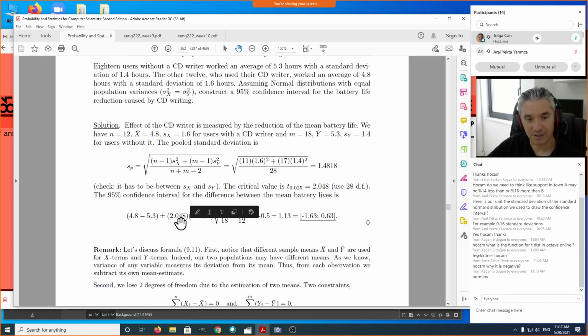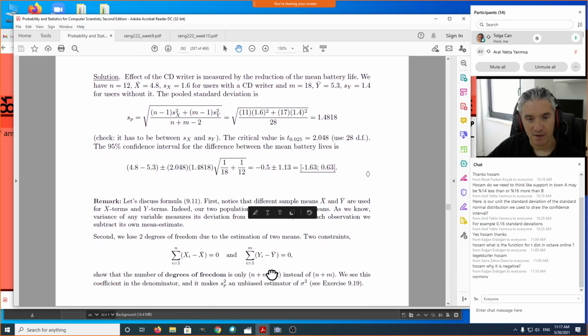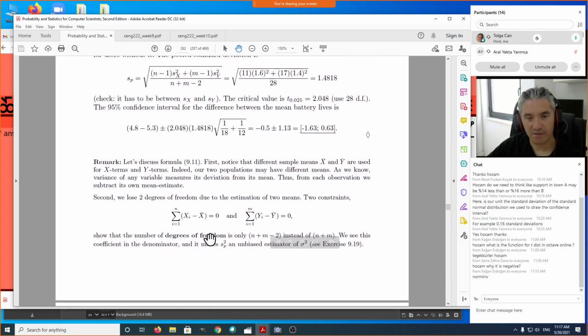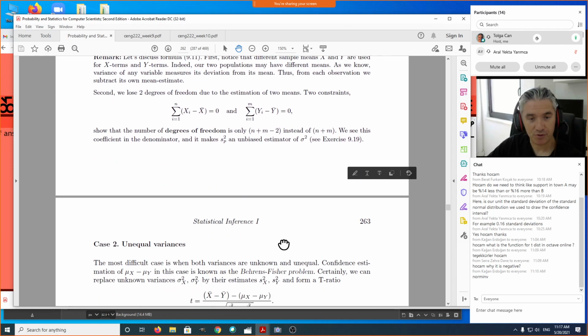By using that degrees of freedom in the t table, we find this out, and this is our difference, and this right hand side here is our margin. And there's a remark here on why the degrees of freedom is n plus m minus 2. I'm going to skip that one.